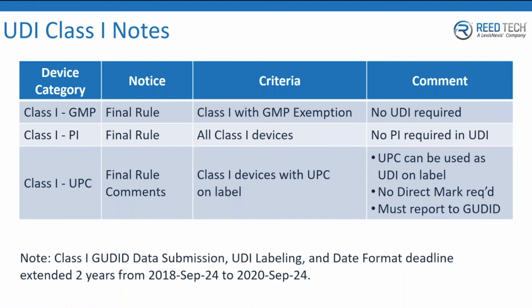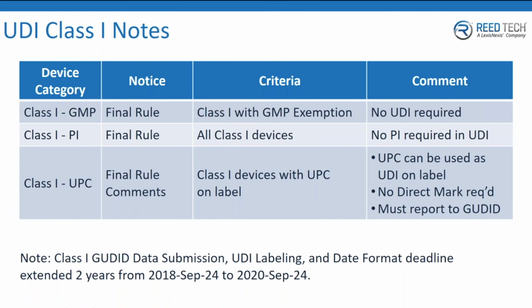No direct marking is required for those particular devices in retail, but you still do need to make a report to the FDA's GUDID database. So keep that in mind as you look forward to your September 2020 deadline.